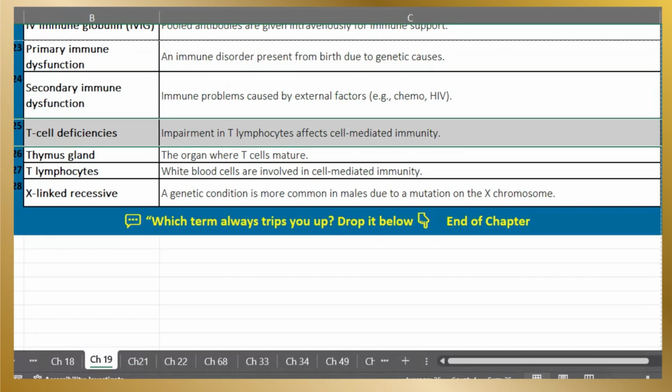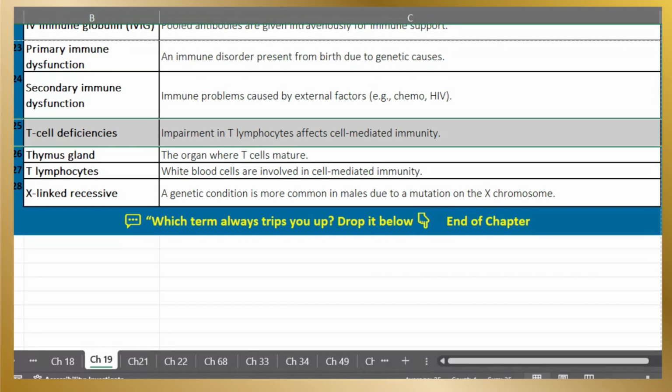T cell deficiencies. So impaired T lymphocytes affect cell-mediated immunity. So T cells are the tactical fighters of immunity. Deficiency is like a weak cellular defense.